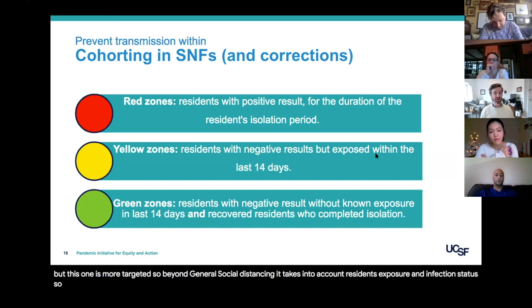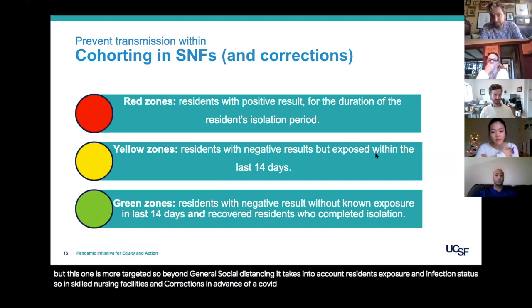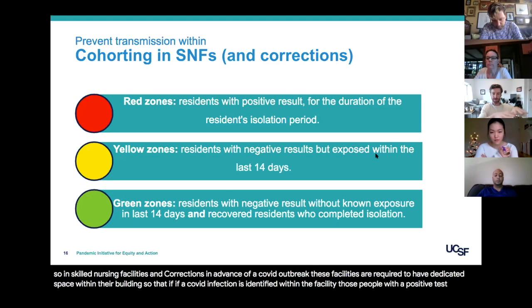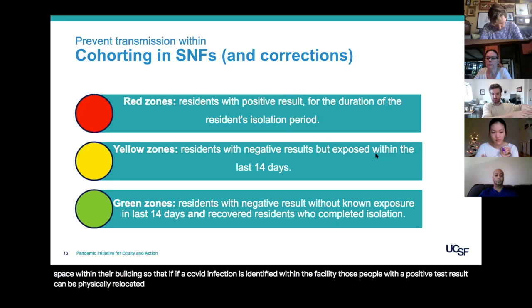In advance of a COVID outbreak, these facilities are required to have dedicated space within their building so that if a COVID infection is identified within the facility, those people with a positive test result can be physically relocated to the red zone, also called the isolation unit, where only other people with COVID infections are kept.